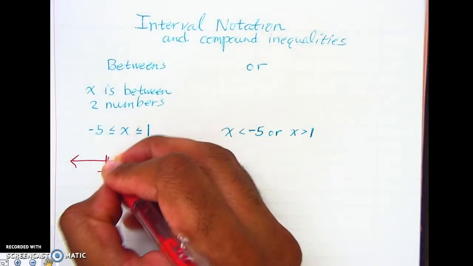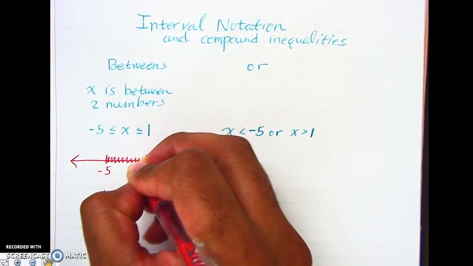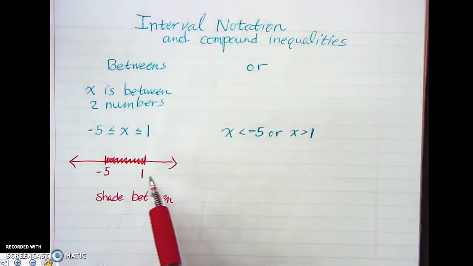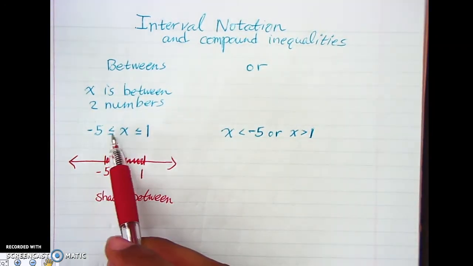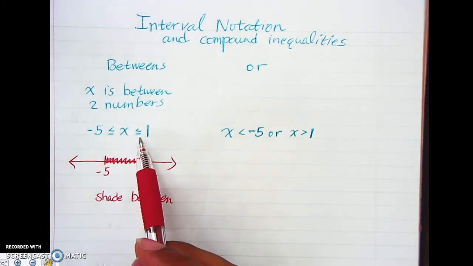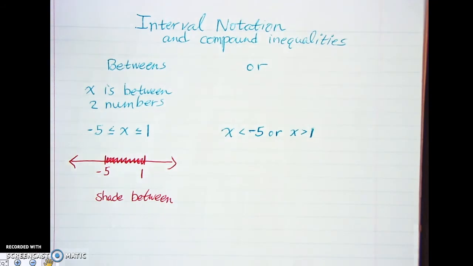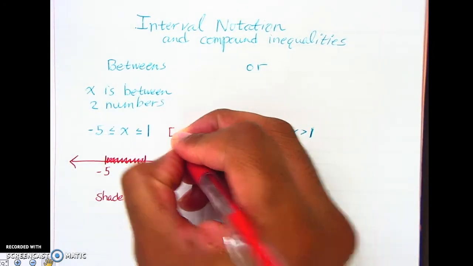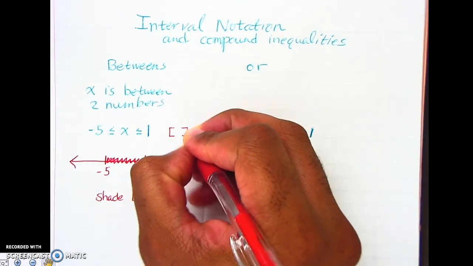So we shade between them. And here, when it comes to these parts, that's a less than or equal to and a less than or equal to. So does that mean that we're using brackets or parentheses for equal to? We're using brackets. So for both of these, we're going to use brackets.